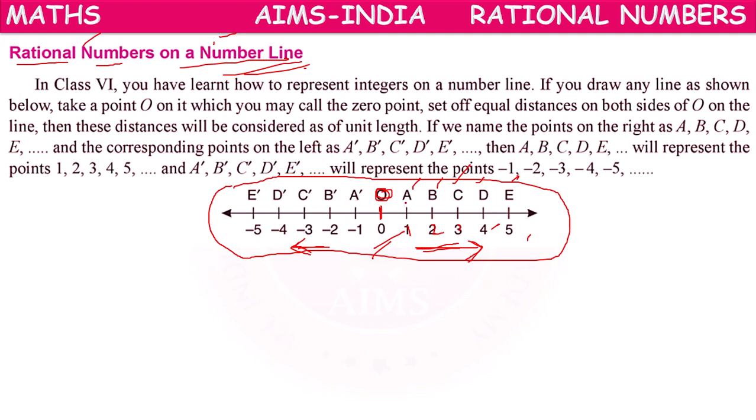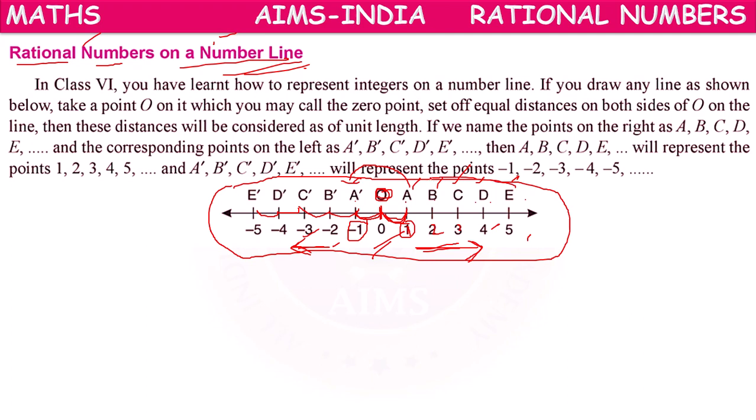If on the right side we have taken A, B, C, D, E, on the left side the corresponding point of A will be A dash, located at the same distance as A but towards the left side. A stands for integer 1, whereas A dash stands for integer -1. In the same way, B dash is -2, C dash is -3, D dash, E dash, like that.